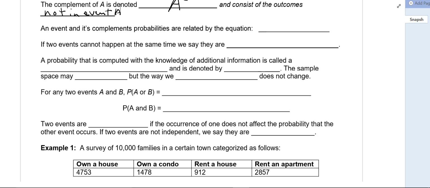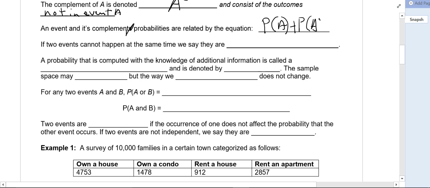Okay, an event and its complement, all right, probabilities are related by what equation? So how do you relate the probability of an event and its complement? The probability of an event plus the probability of the complement has to equal 1 because exactly one of them will occur.